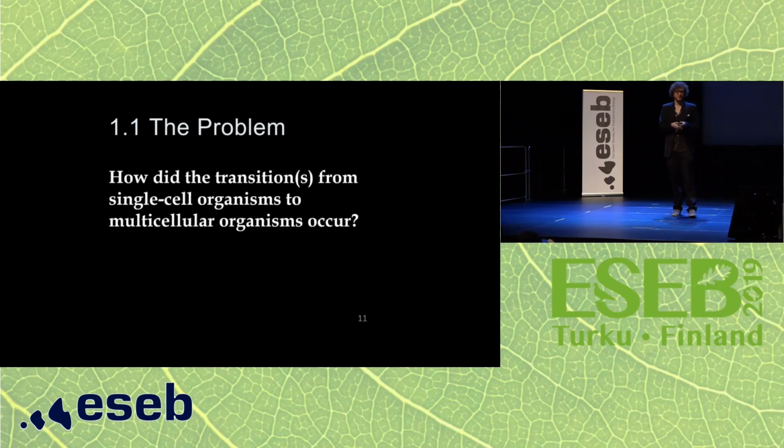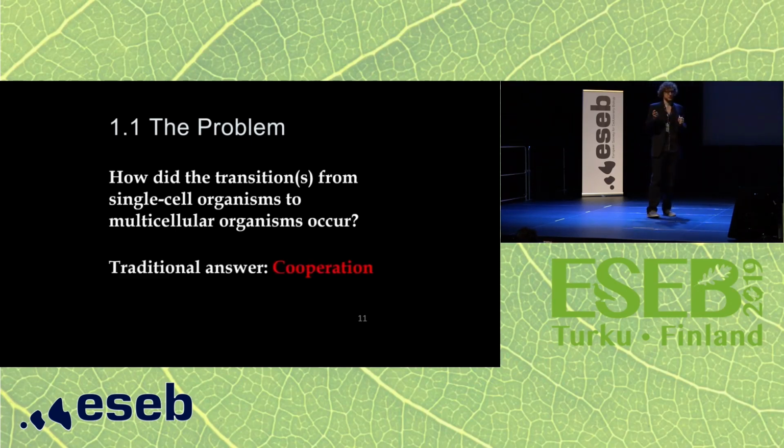Now, what is the problem? Well, we need to explain how the transition occurred from single-cell organisms to multicellular organisms. The traditional answer here has been cooperation. Much of the work by Michod has been based on this. Now, Paul Rainey points out that cooperation is not sufficient, however. Imagine a group of single cells perfectly able to cooperate with each other.